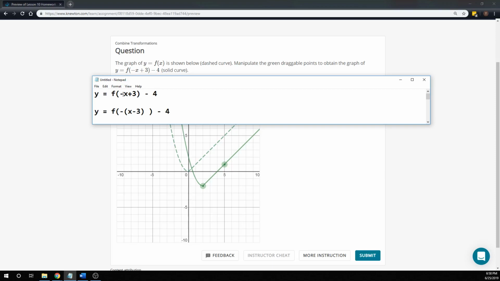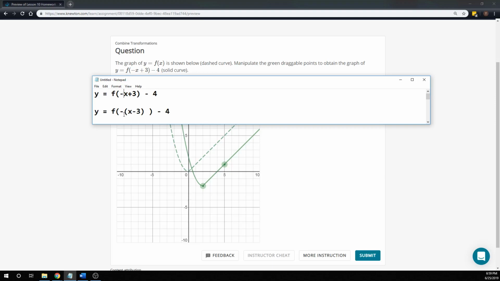Because of this plus 3 in here, we're going to need to factor out this negative, and we'll have to factor it out of both of these things right here. So if I factor this negative 1 out of x and out of this 3, then I am going to get this expression right here.